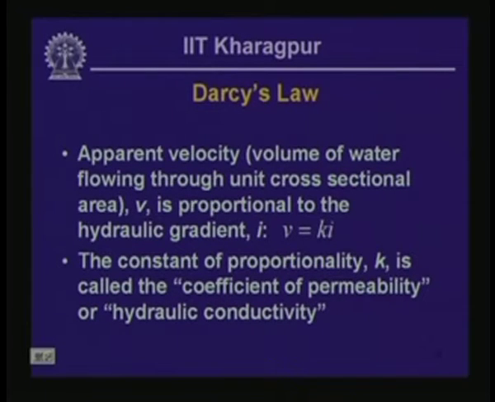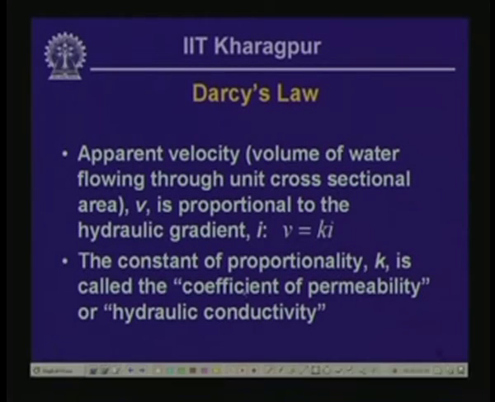In other words, V is equal to a constant of proportionality times the hydraulic gradient, and this particular constant of proportionality is called the coefficient of permeability or hydraulic conductivity, and that is in fact a measure of the factors that inhibit groundwater flow through a subsurface formation.